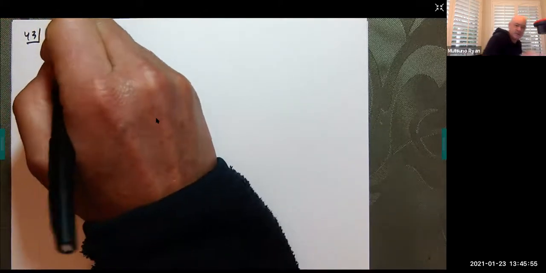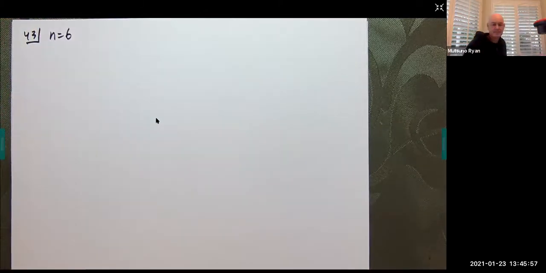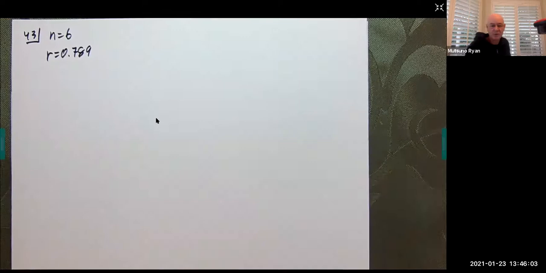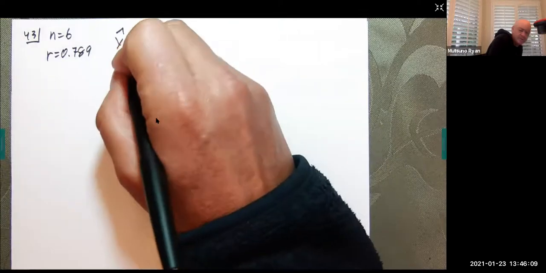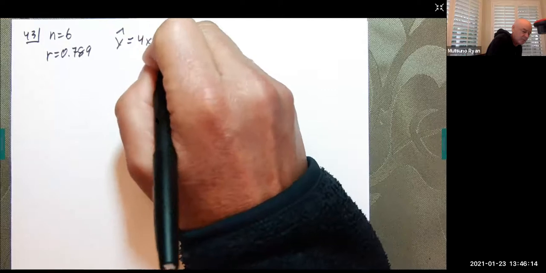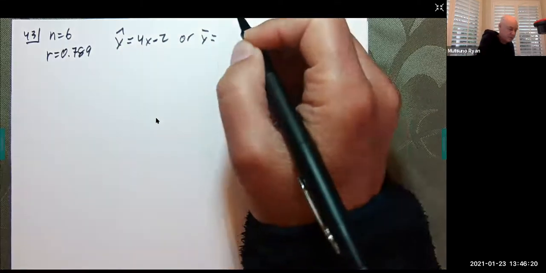And N is going to be 6 in this case. And it generates an R of 0.789. And we have two options for the best predictor. One of them is our linear regression line, or Y bar, the mean, which in this case is 19.